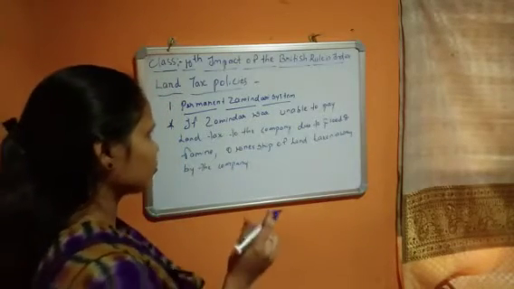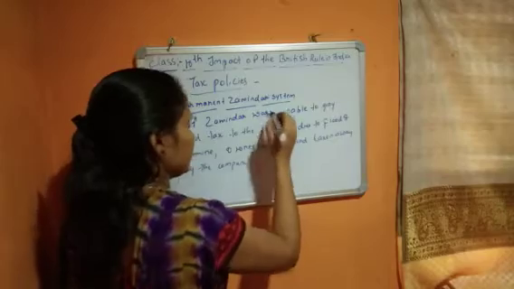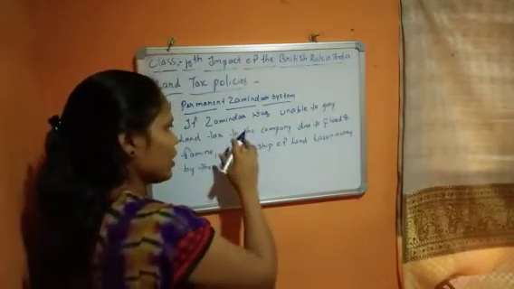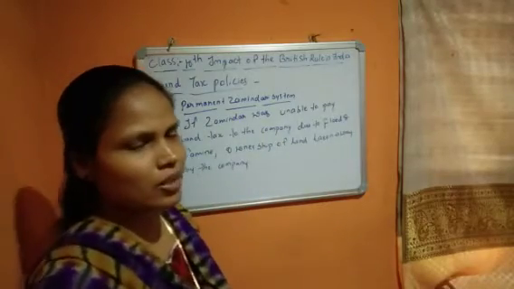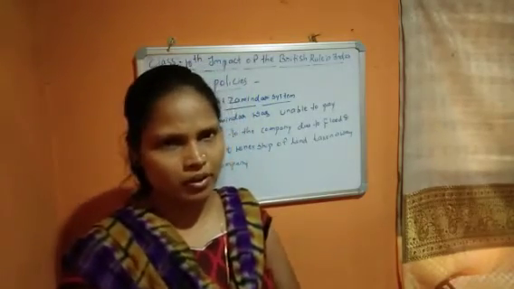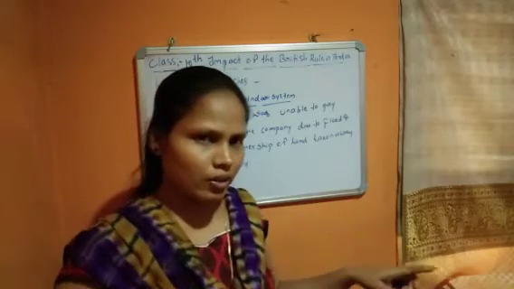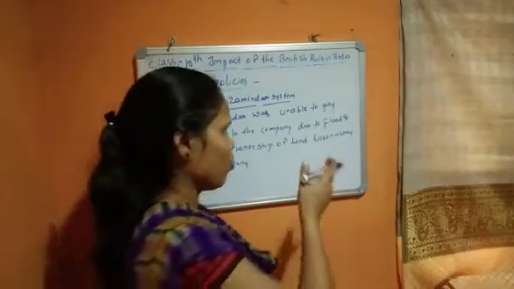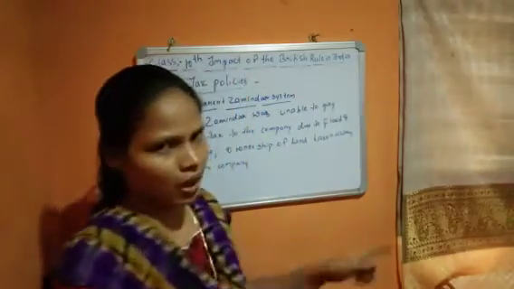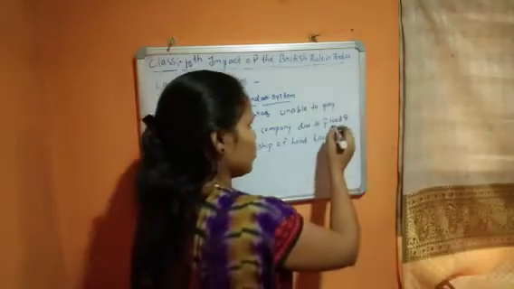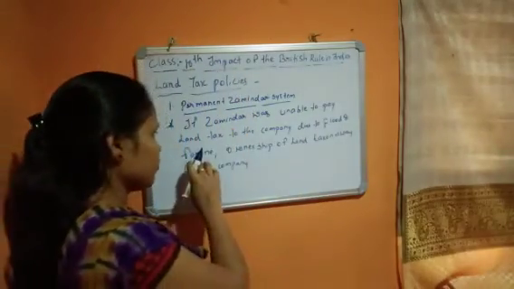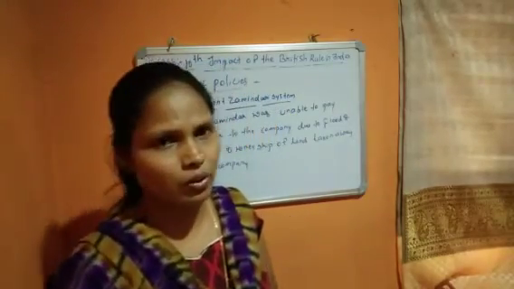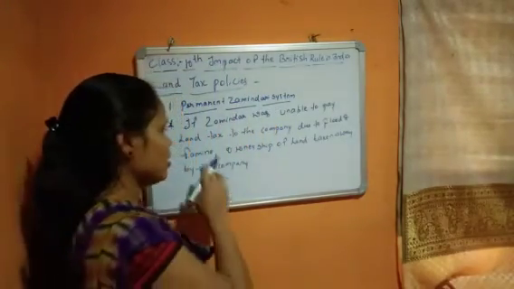Is this clear? Here, if the zamindar was unable to pay tax to East India Company, sometimes due to flood, meaning water crossing its limit and overspreading everywhere, or famine, meaning there is no food to eat and no water to drink, that situation is called famine.